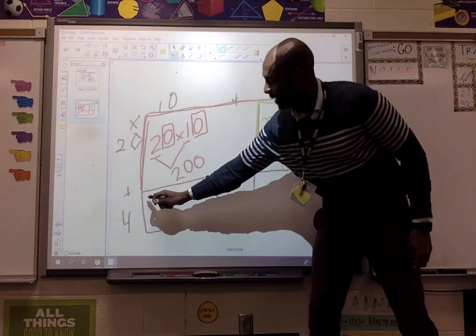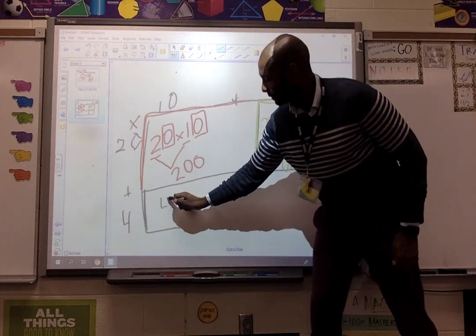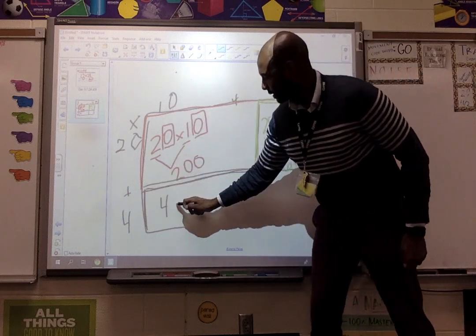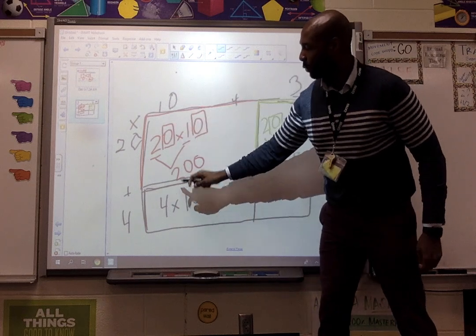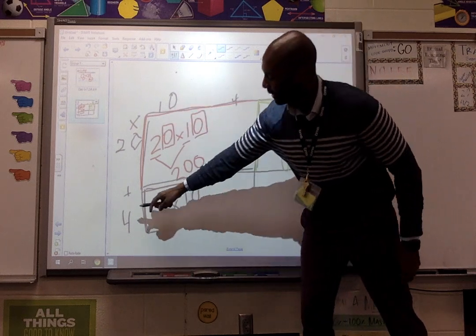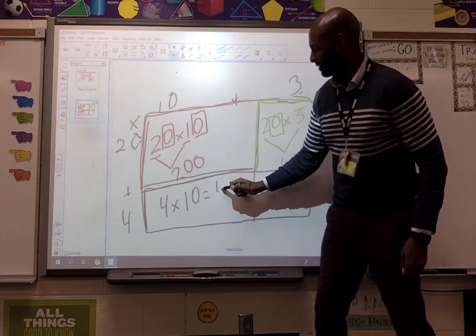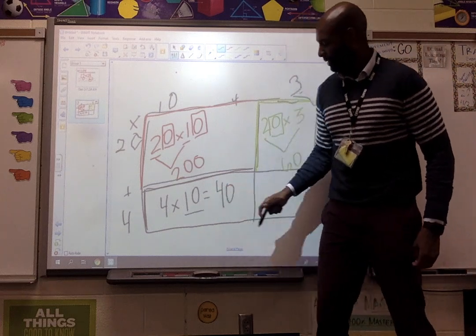My next one, I have a length of 4 and a width of 10. 4 times 10. So that length and width, they're coming from right there and right here. So 4 times 10, you guys should know that. 4 times 10 is 40. I don't even need to use 0 as my hero for that. That's a tens fact.